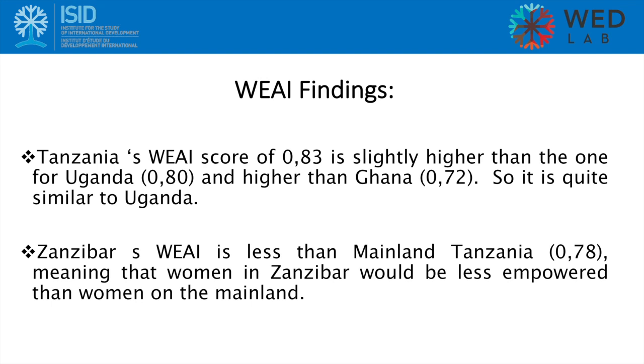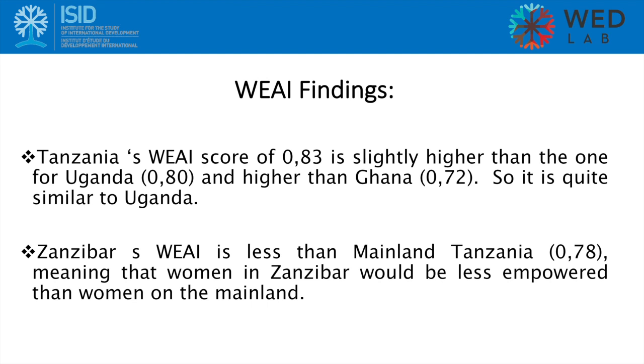So what did I say about the baseline, or the WEAI, the Women's Empowerment in Agriculture Index? Sorry. And that was a number between 0 and 1. So at baseline, that is with the data in 2015, out of our 1,900 households overall, we find that the score is 0.83.